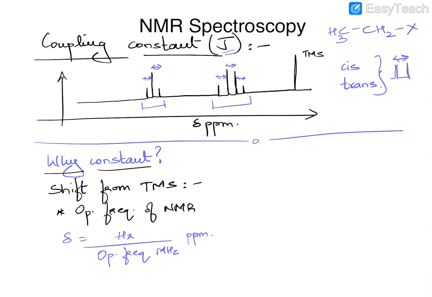This value of chemical shift is independent of the operational frequency, so irrespective of whether the NMR is recorded on a 60 megahertz instrument or a 100 megahertz instrument, you would get the exact same value of chemical shift.